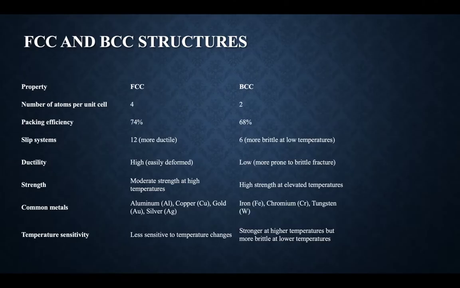The common metals in FCC are aluminum, copper, gold, and silver. The common materials for body-centered cubic are iron, chromium, and tungsten. FCC is less sensitive to temperature changes, whereas body-centered cubic is stronger at high temperature but more brittle at low temperature.